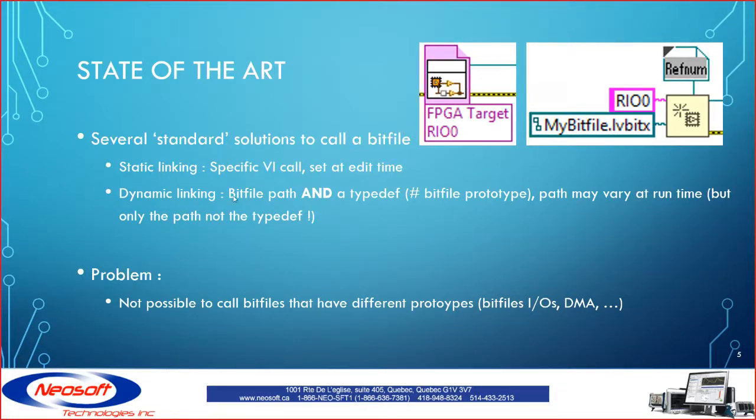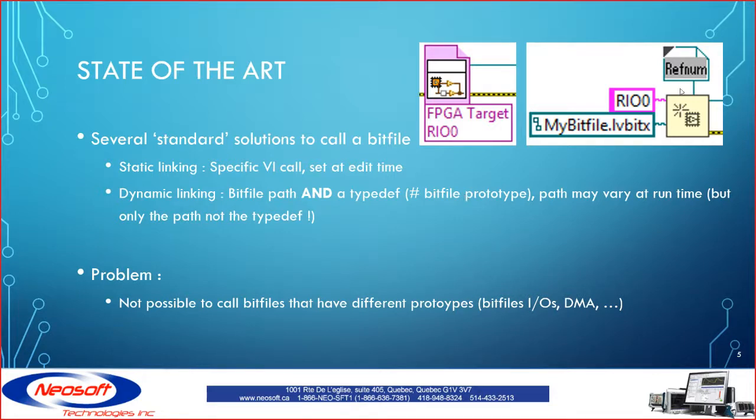You also have dynamic linking. You can choose a bitfile from a path, actually, so you can dynamically change a path to address a specific bitfile, but it must be set to use a specific type def. Here, a type def is somehow a bitfile prototype.